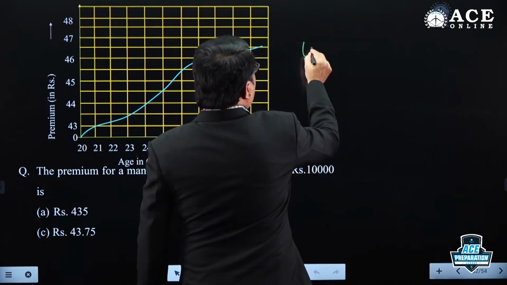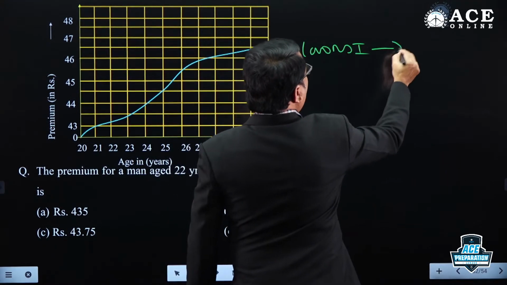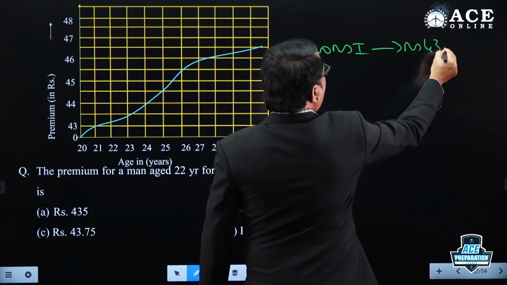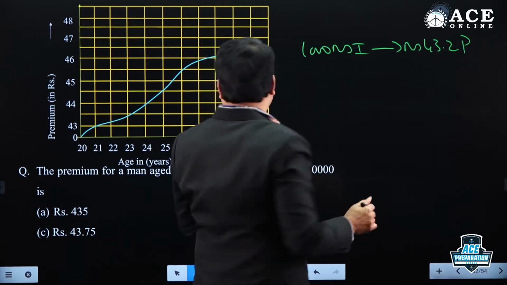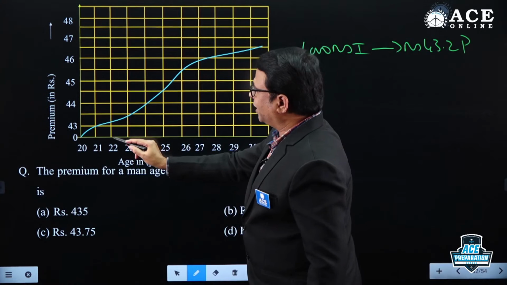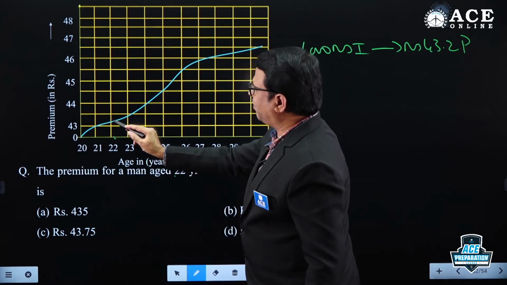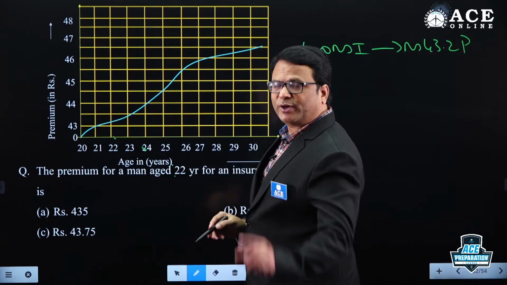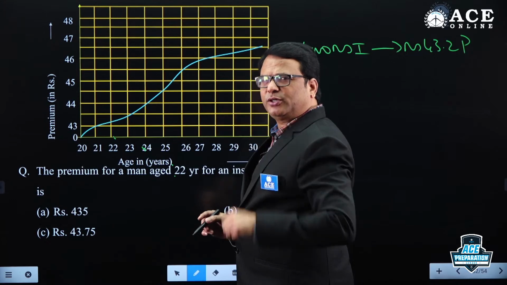So for 1,000 rupees insurance, you have to pay rupees 43.2 premium, and clearly age is given as 22 years, and that is the reason I am looking against 22. Against 22 it is here, which is 43.2.